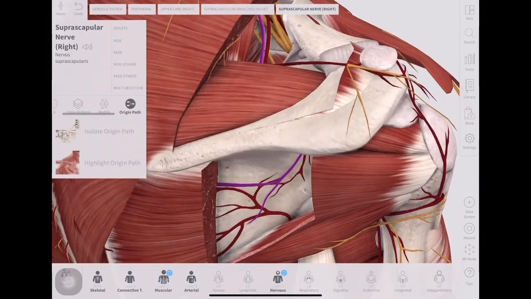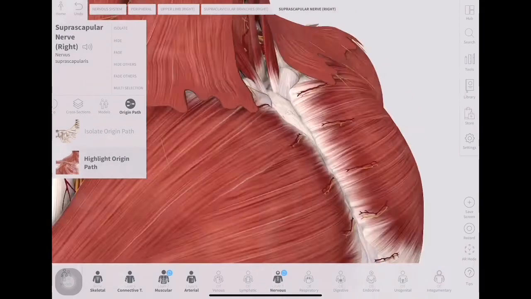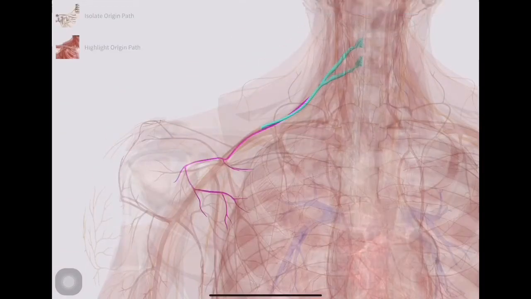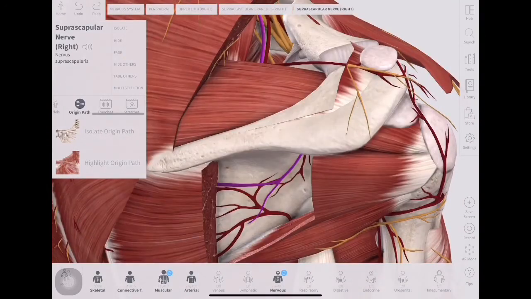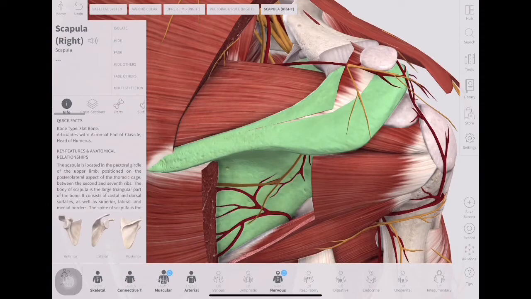Showing again the origin of the suprascapular nerve arising from the superior trunk of the brachial plexus and the suprascapular artery from your thyrocervical trunk of the subclavian artery.